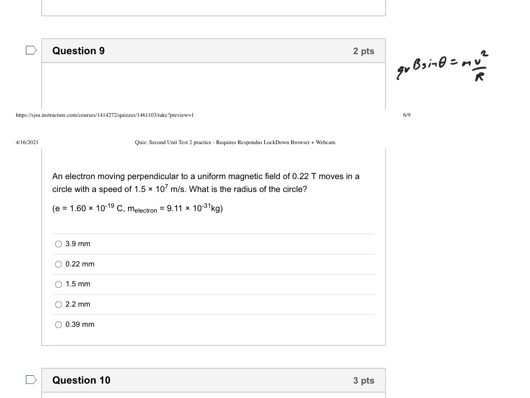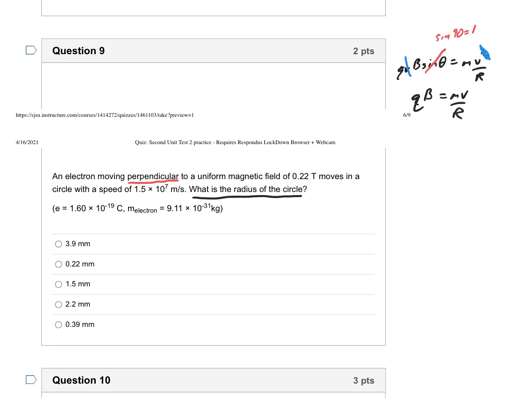Since the movement is perpendicular to the magnetic field, sine of 90 degrees is equal to 1. We also have a speed on this side and a speed squared on this side, so I can cancel out one of the v's. And when I rewrite this, I get qB is equal to mv over r.